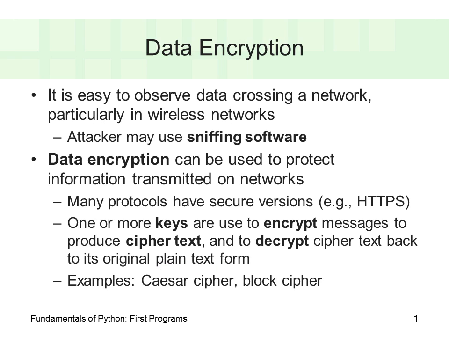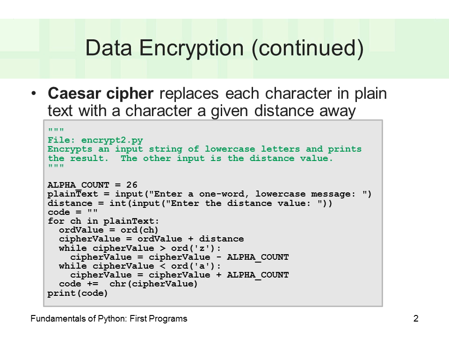Now, there's a couple of examples. Your book discusses both block ciphers and Caesar ciphers. We're not really going to look at block ciphers. That's above and beyond what we need to cover this semester. But we are going to take a look at the simple Caesar cipher. How many of you, when you were small, either had a real decoder ring or saw references to them or used a decoder ring?